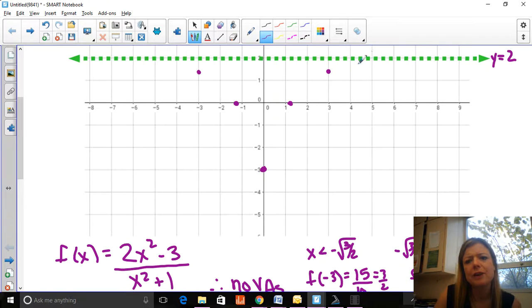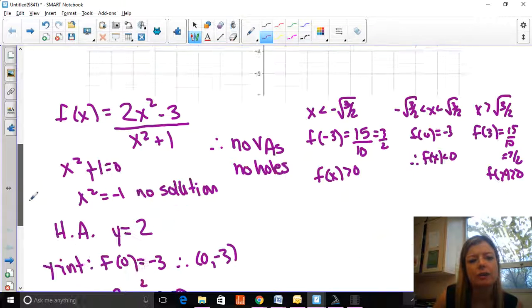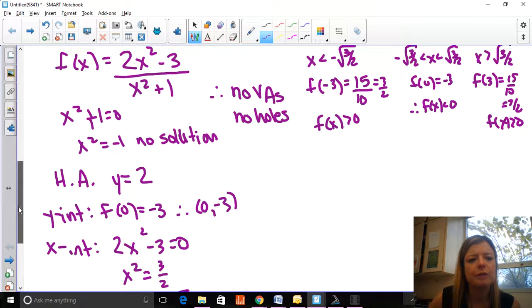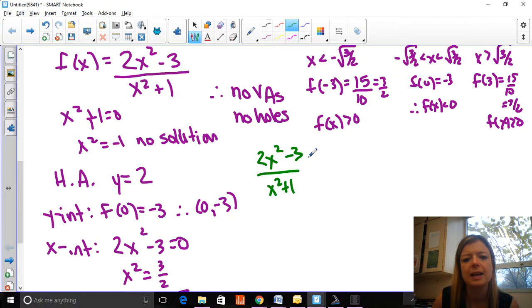So I also want to know if it actually ever crosses this asymptote and how it approaches it. There's nothing to say that this doesn't go over the horizontal asymptote and then approach it from the top. There's nothing that I've done to prove that it approaches it from the bottom. So I'm going to check if it ever actually crosses that asymptote. So I'm going to set this whole function equal to 2 to see if it ever does. I'm going to use a different color just so it's not confusing. So (2x squared minus 3) over (x squared plus 1).